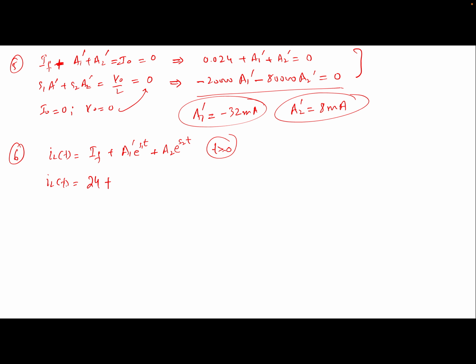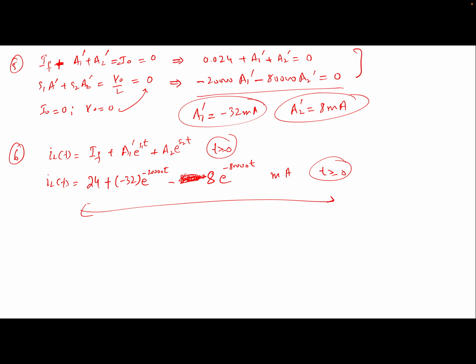So 24 plus A1 prime, which is minus 32, e raised to power minus 20,000 t, plus A2 prime, which is 8 milliamperes, e raised to power minus 80,000 t, and this is in milliamperes for t greater than or equal to 0. Okay, so this is how you can find the value of the inductor current.